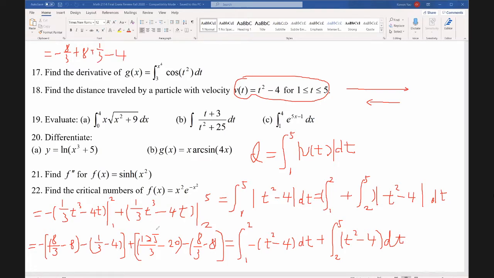This is the same thing, 125 over 3. Please copy this down, okay? Because I will erase this in a few minutes. Minus 20, negative 8 over 3. Negative becomes positive 8, right?